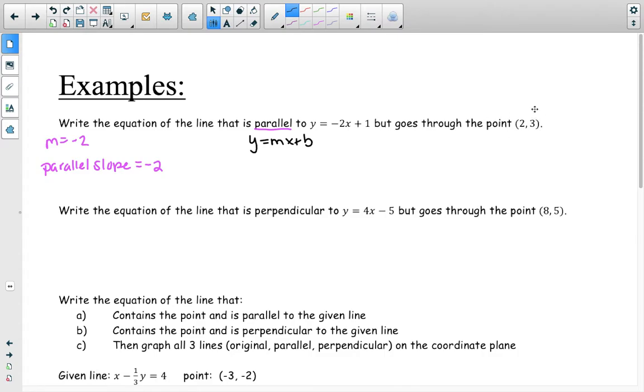We are given the coordinate (2, 3), which is the x and a y coordinate. So we can plug in our x, our y, and our new m into our equation to solve for b.